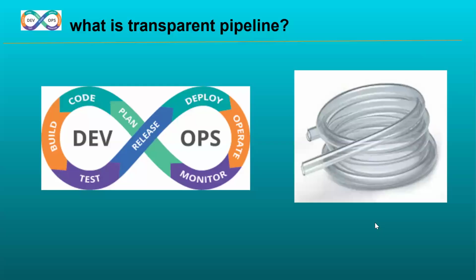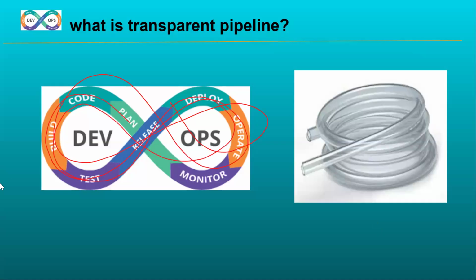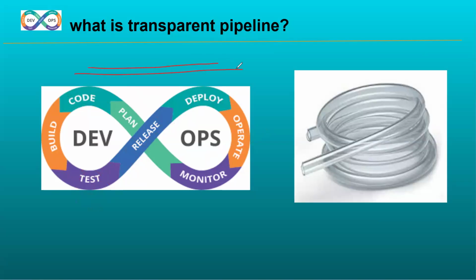Our DevOps process is an automated transparent pipeline. Due to this transparency and automation, even if we get an issue or any problem in the middle of the process, we can easily identify it and deliver our application or software as soon as possible, within the shortest time.